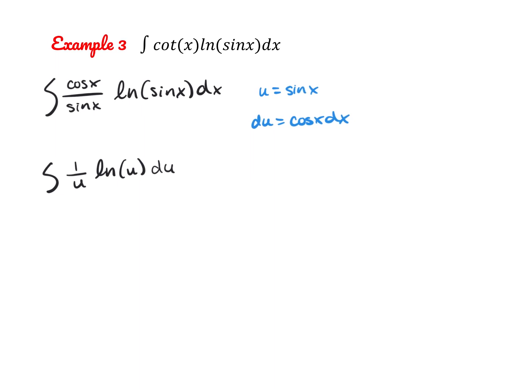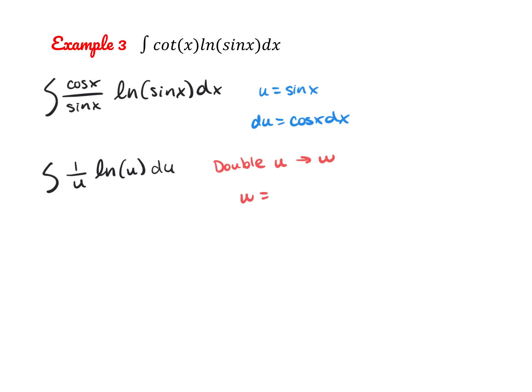So from here, we could actually call this a double u problem. So I'll say a W problem where we need to do U substitution again. And I'll use a new variable, I'll use W. So for this one, hopefully you see that we have natural log of u and 1 over u. 1 over u is the derivative of natural log, so it's a perfect scenario to do U sub.